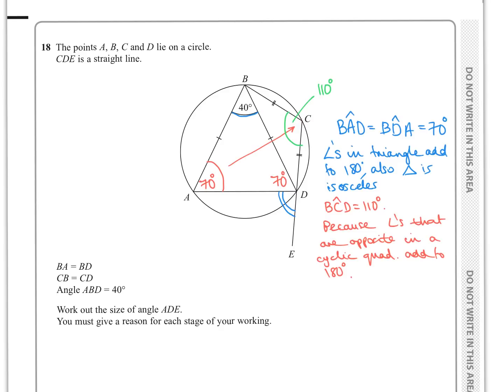Now if you look in the diagram, we've got another isosceles triangle here because BC and CD are the same, but we already have this angle is 110.